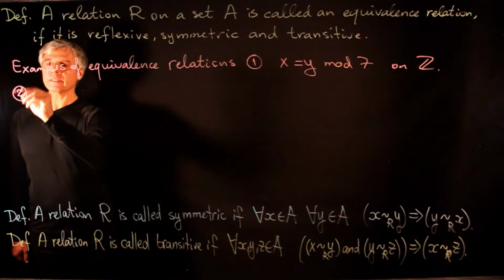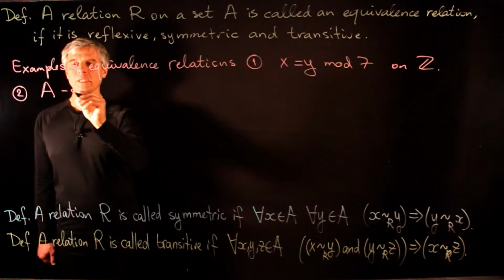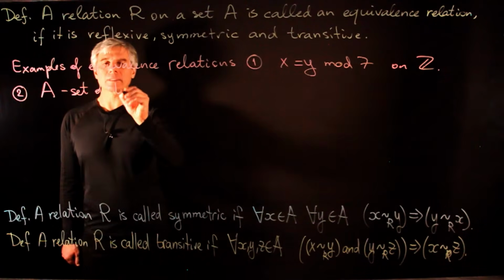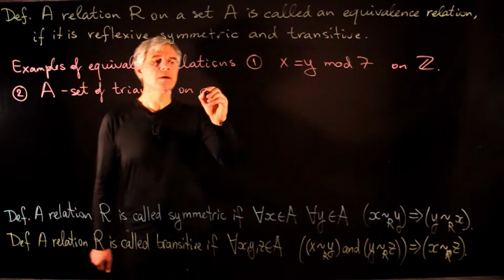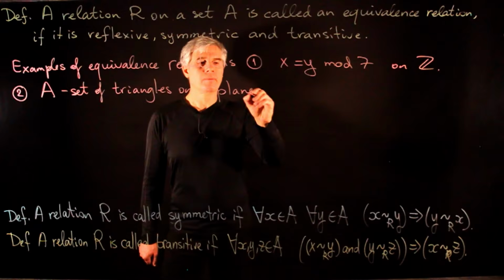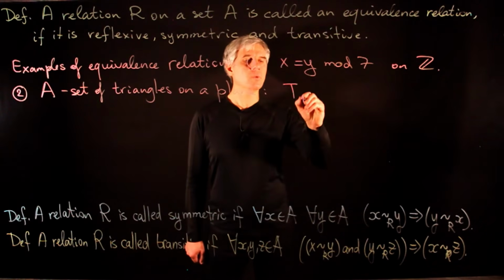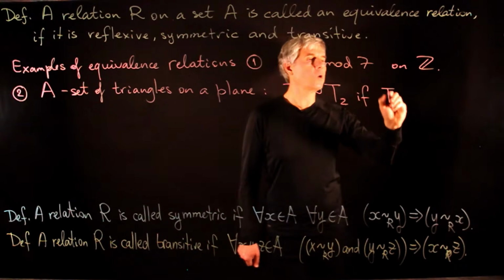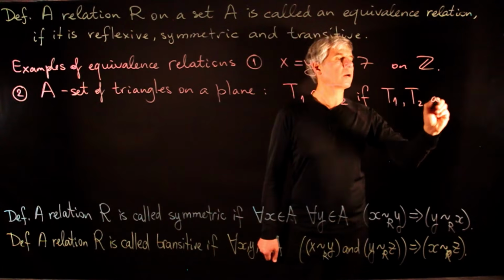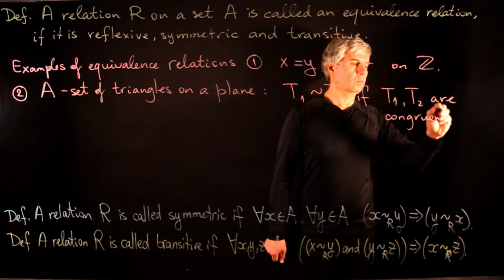For our second example, we take A to be the set of triangles on a plane, and T1 is related to T2 if T1 and T2 are congruent triangles.